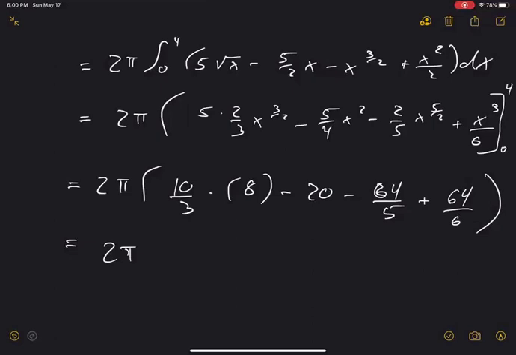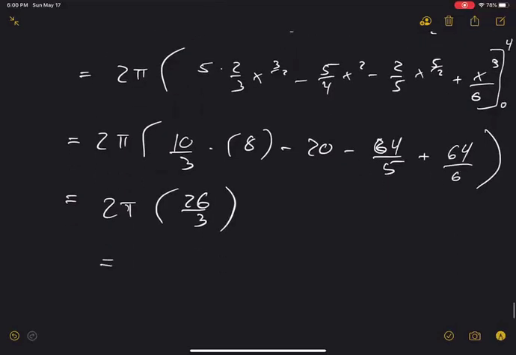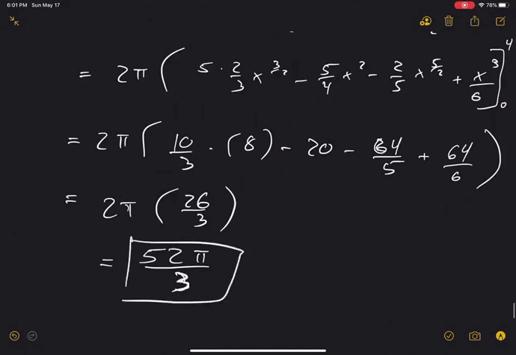All right, simplifying that fraction, all this stuff inside should be equal to 26 over 3, I believe. So our final answer should be 52 pi over 3. Okay. Unless I've made some horrible mistake somewhere.